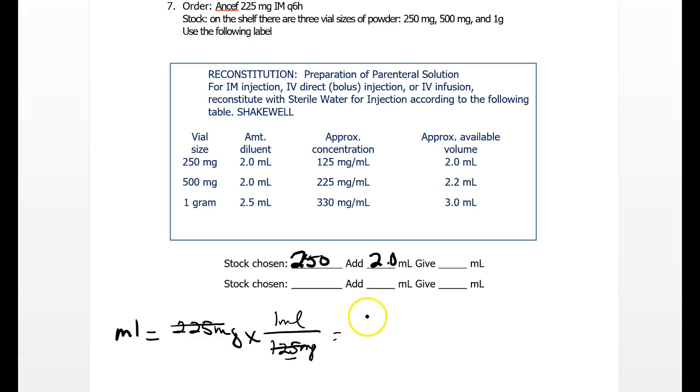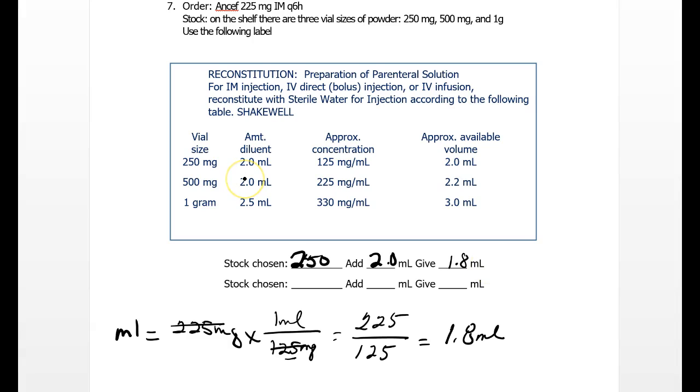So we end up with 225 divided by 125, which ends up to be 1.8 milliliters. Okay, so we're going to give 1.8 milliliters.